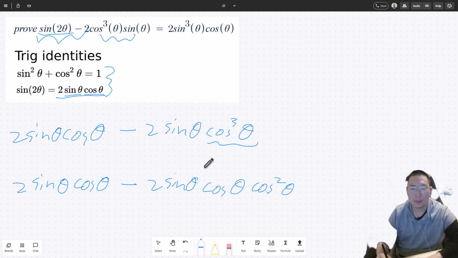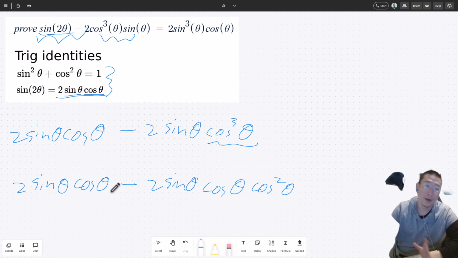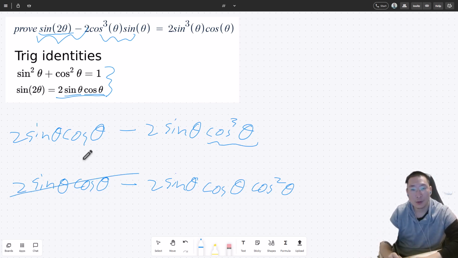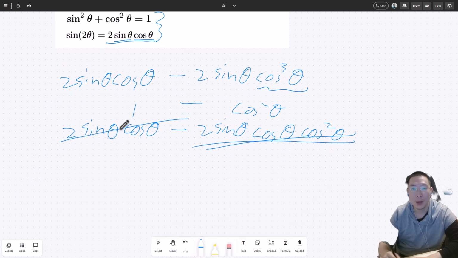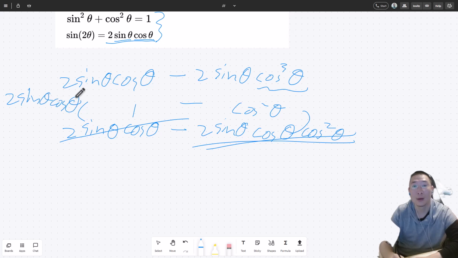And then we have 2 sine cosine theta, which can be factored out again, and this left side becomes 1. This side becomes cosine squared theta, and we have a minus sign, right? Got something to factor out, so we factor out 2 sine theta times cosine theta. I'll write it out again.